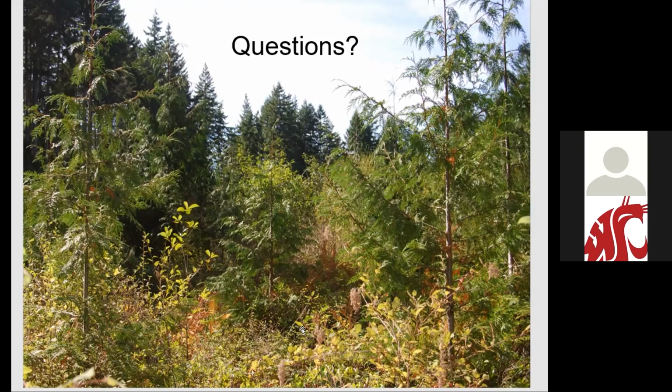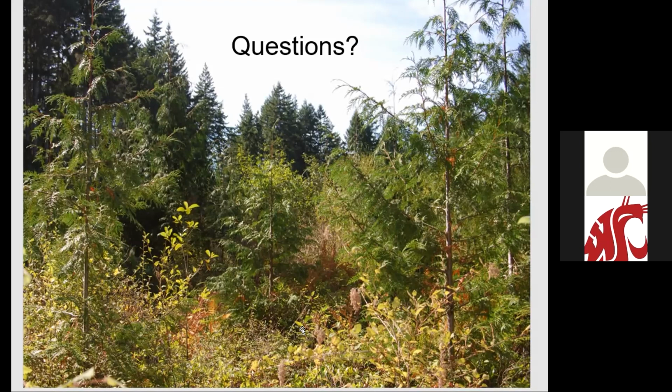So by pruning those lower branches, you remove a lot of that foliage, you allow the air to move through these stands, lowering the humidity, and then creating a less favorable environment for these fragile and fickle spores to germinate and infect.